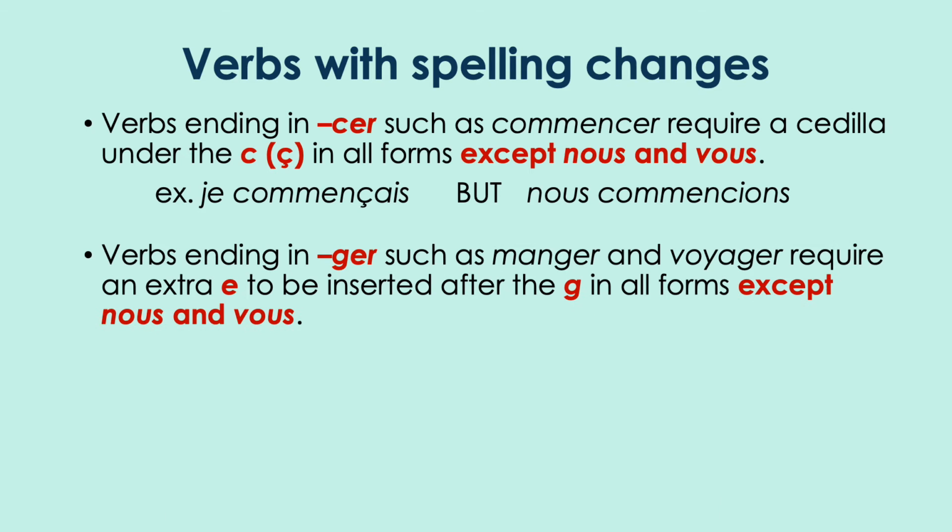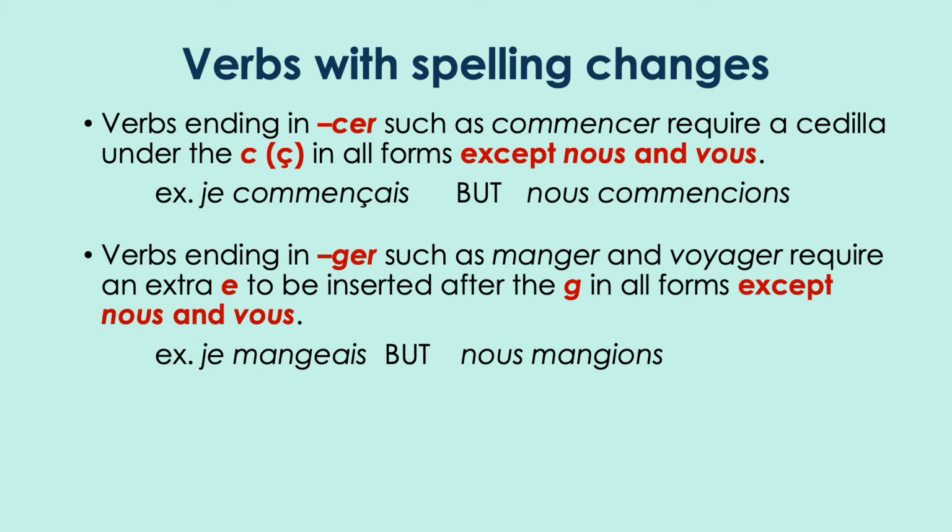Second example, a verb ending in GER, such as manger and voyager, require an extra E to be inserted after the G in all forms except nous and vous. So this is the same irregularity that exists in the present tense for GER verbs. So you would say je mangeais, but nous mangions.